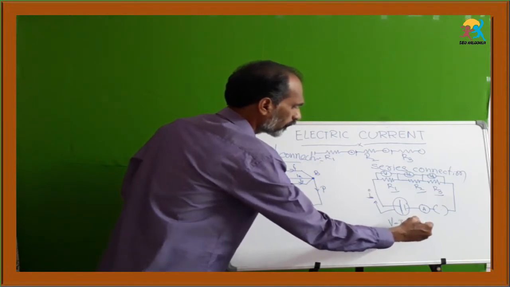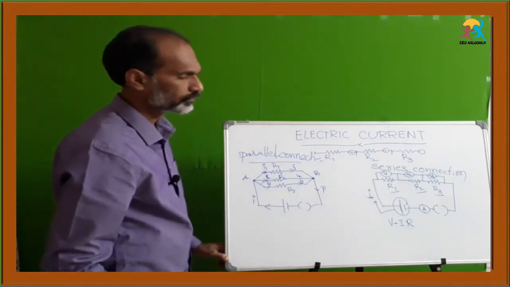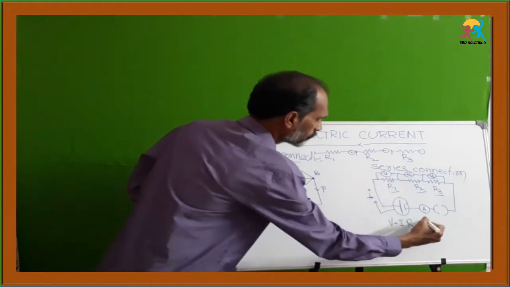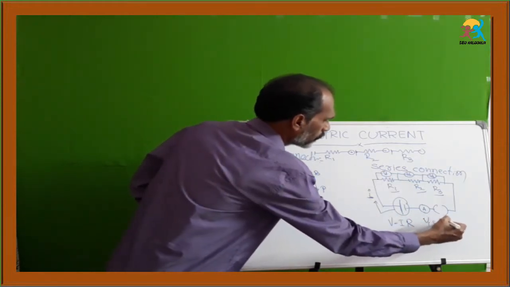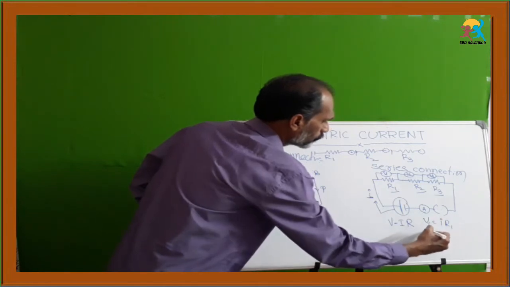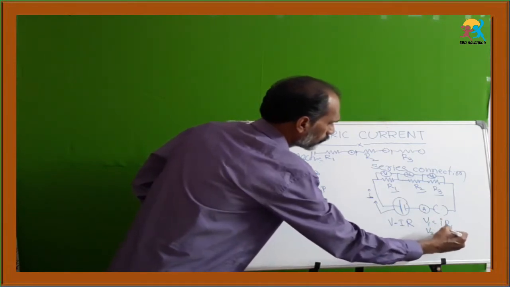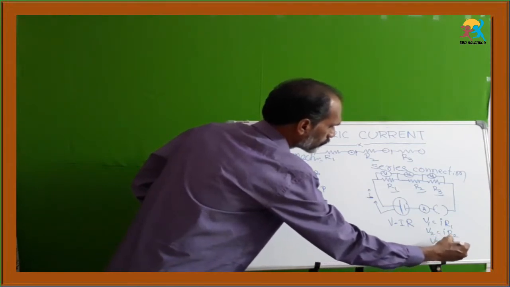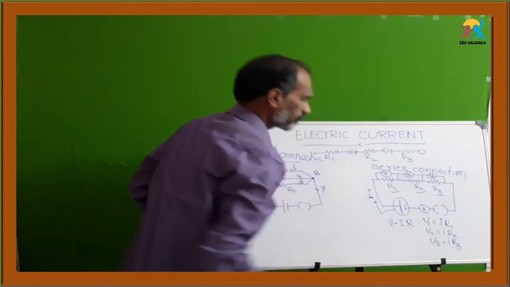The potential difference, the voltage of the battery, is V equals IR. As V is equal to IR, V1 can be written as IR1, V2 as IR2, and V3 equals IR3.